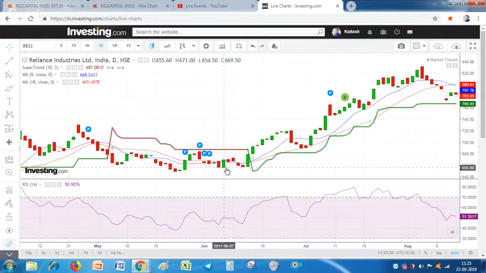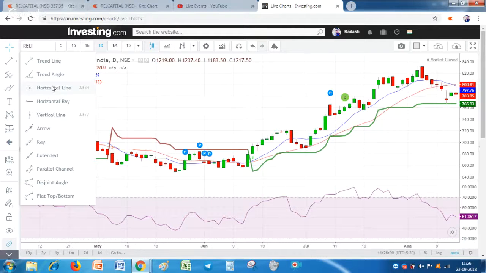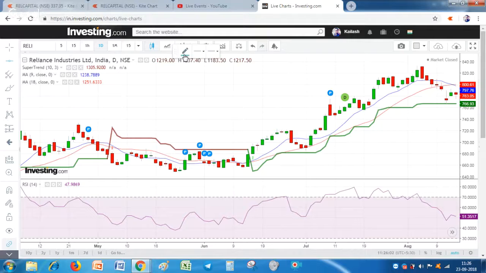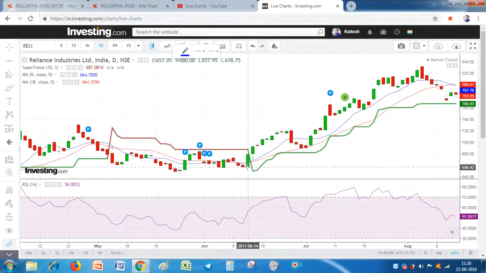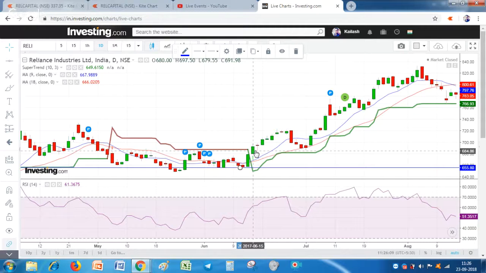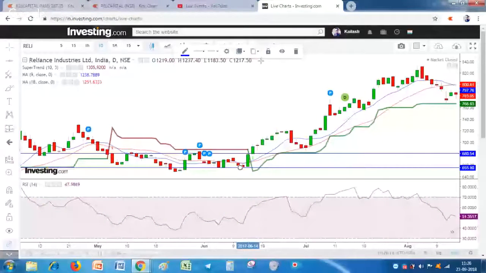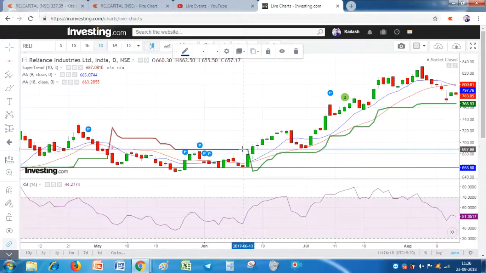So 655, let me take two lines also just to mark those levels. So I am taking one line at 655 level, and I will copy and clone it. I will place this line at the stop loss level and at the entry level. So friends, we would have taken entry at this price, 689.90.